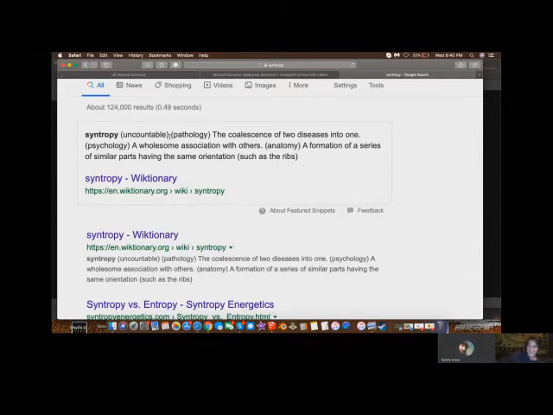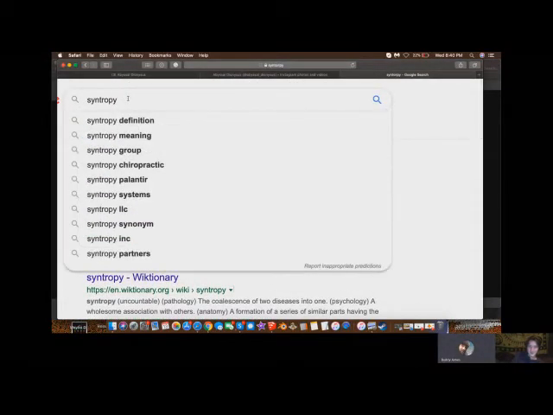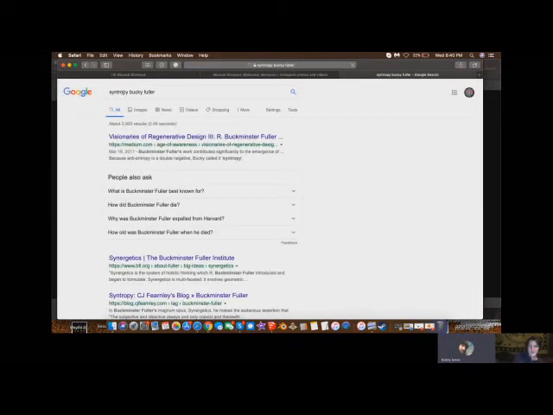A wholesome association with others. Looks like it's an anatomical word. I don't think this is quite the word. Maybe it was a different word, but that's a cool word. The occasional tendency of two diseases to coalesce into one. Huh, that's kind of a funky thing. A pathological state of wholesome association with others.